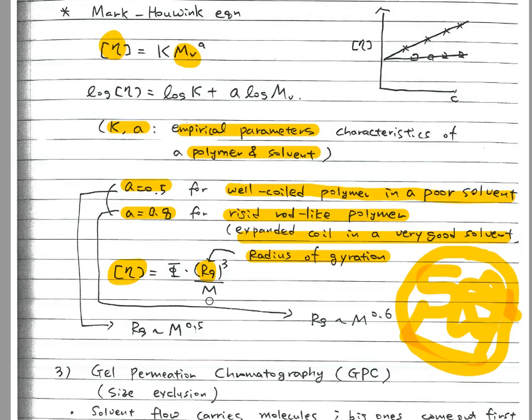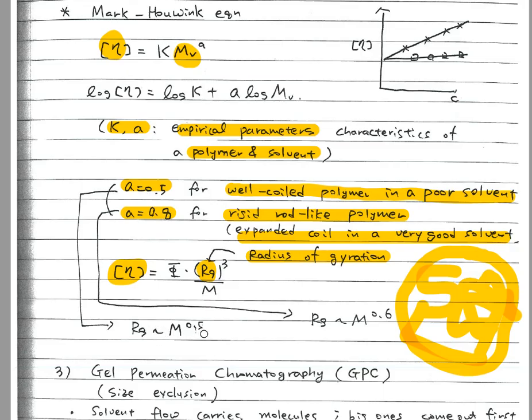and there is another M. If you multiply M to both sides, then the left side will be proportional to M to the 1.5, right? Then Rg, the radius of gyration, will be proportional to M to the 0.5.